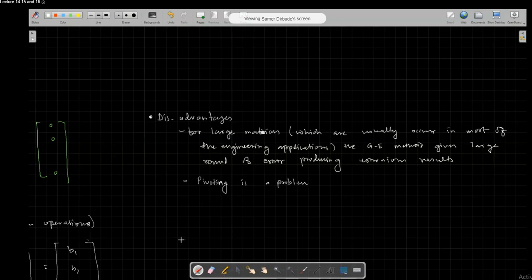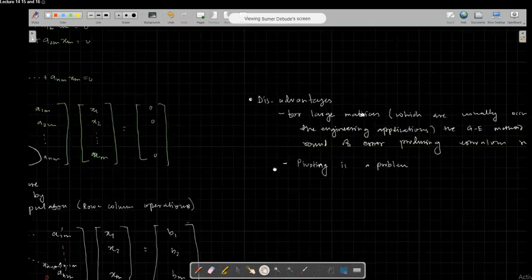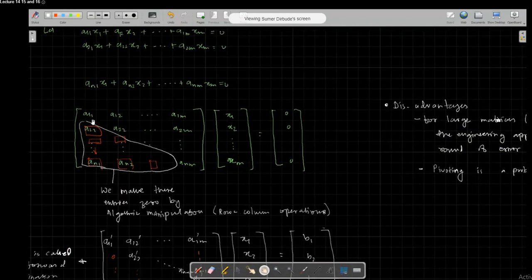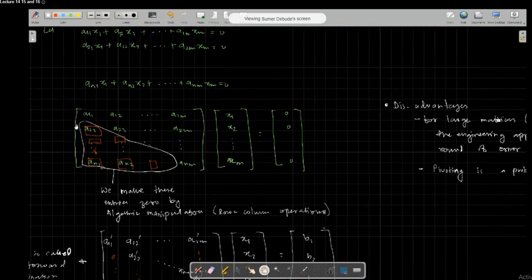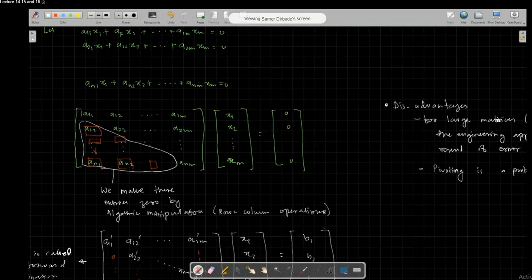While performing these row operations, you may divide by the central coefficient. All these diagonal elements are called central coefficients. Why are they called central coefficients?